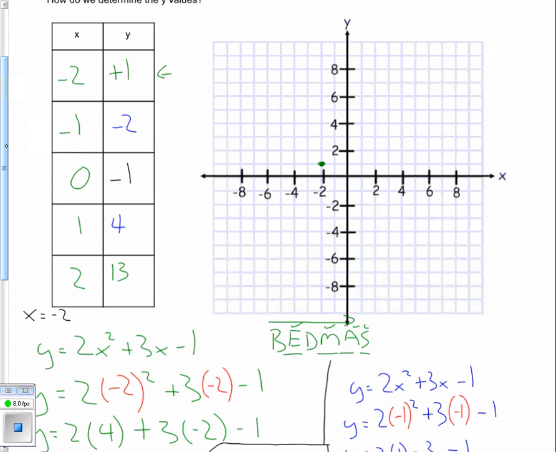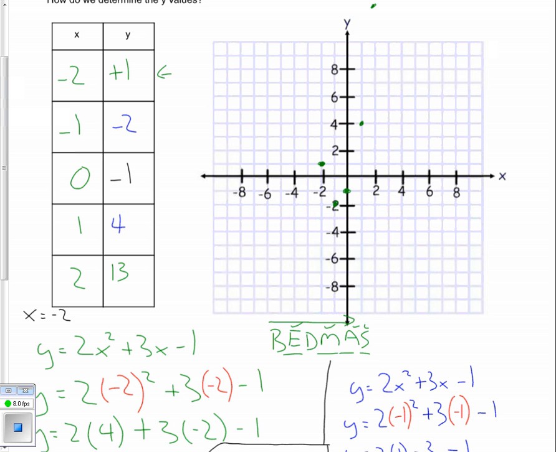When x is -1, the y value is actually -2. So right down there. When x is 0, the y value is -1. When x is +1, the y value is +4. And finally, when the x value is +2, the y value is +13 or somewhere in this vicinity up here.